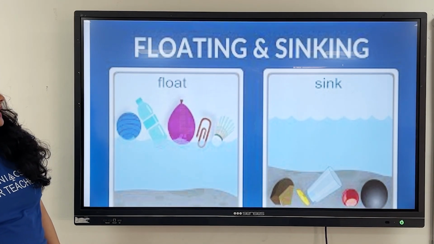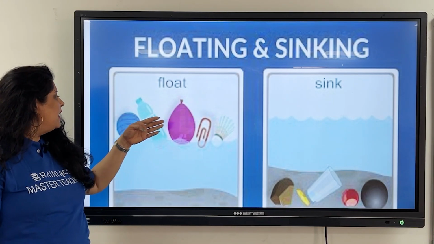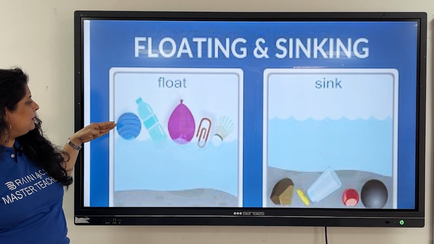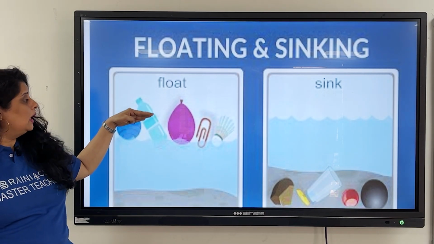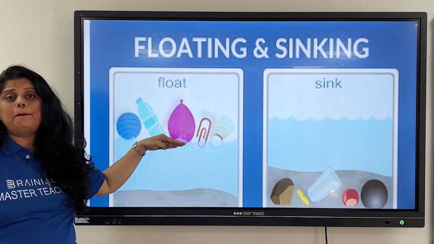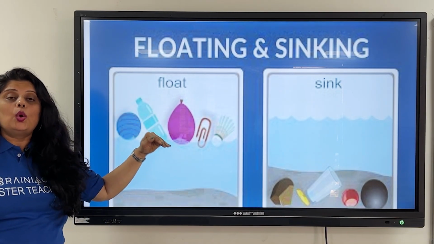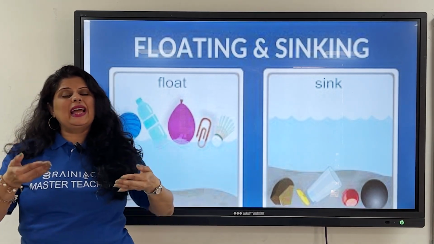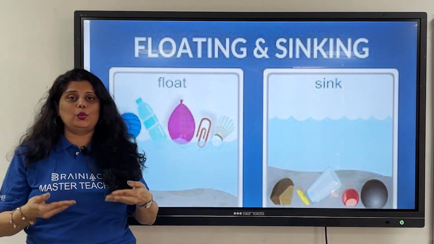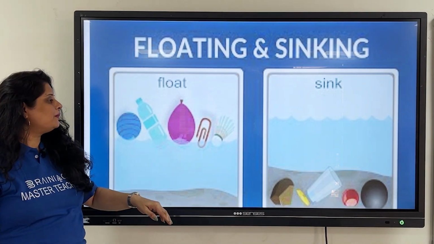Well, here are a few examples which we can see of floating and sinking. If you see a plastic ball, a plastic bottle, a rubber balloon, a plastic paperclip and a shuttlecock, these are the ones which float on the water, right? Because they are light in weight. And so what happens to them? They float.